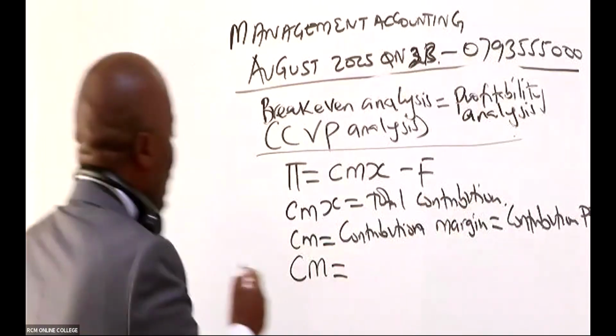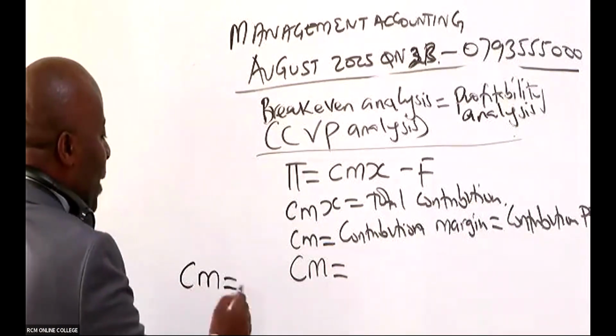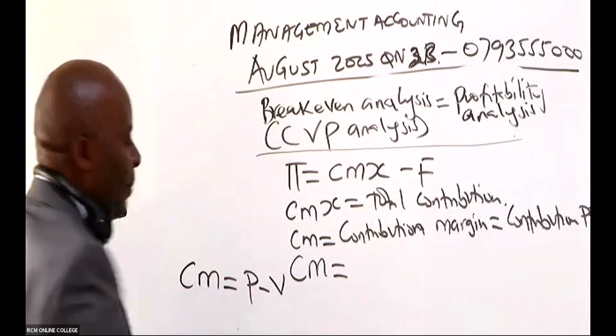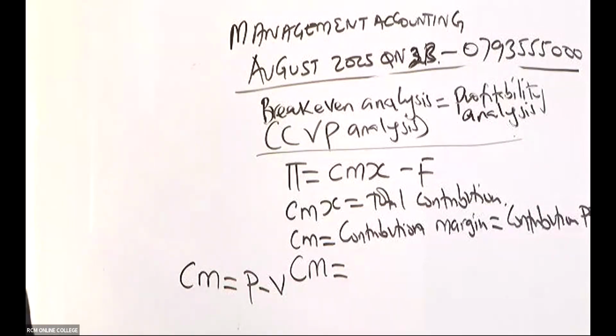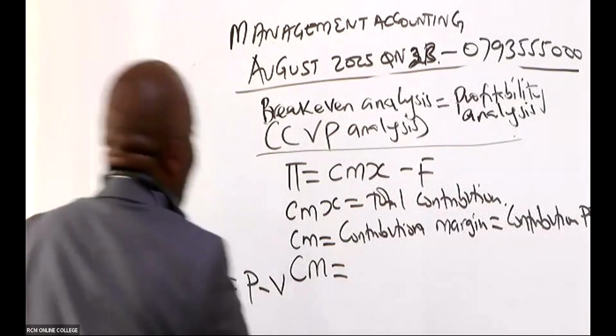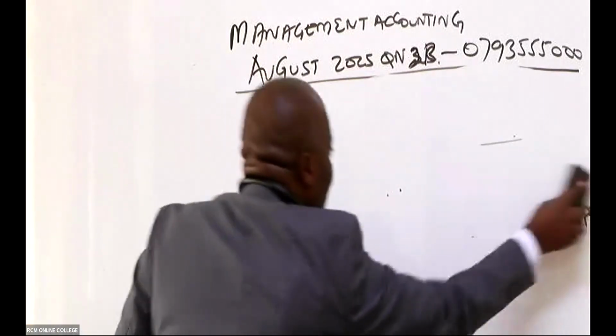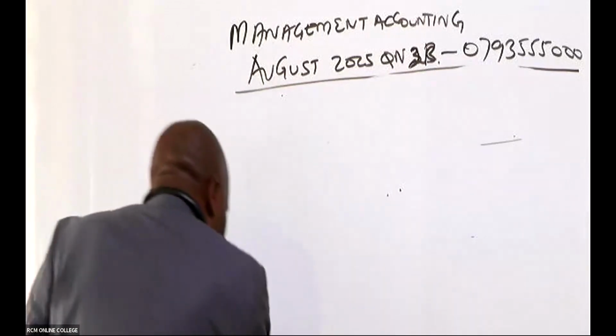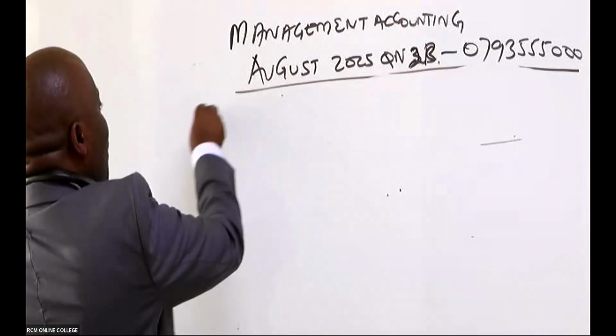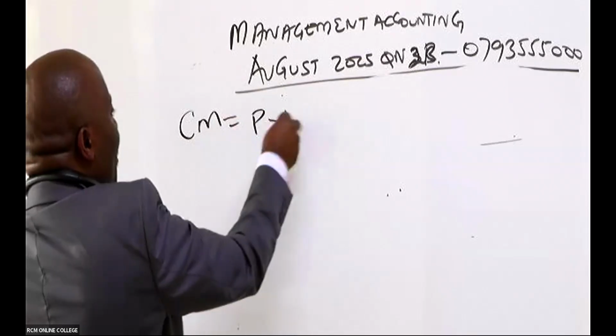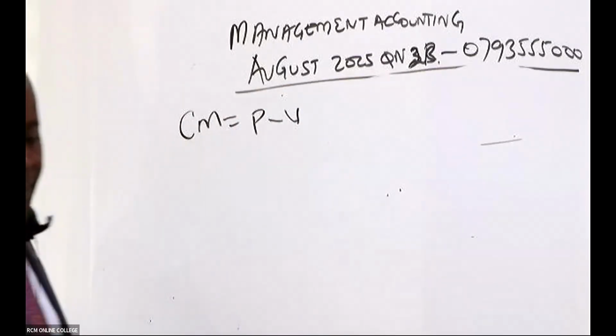So anytime they want me to give them contribution margin, it will be selling price minus variable cost.